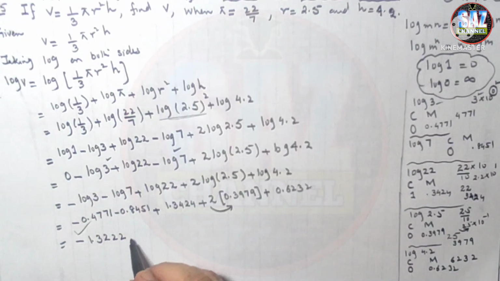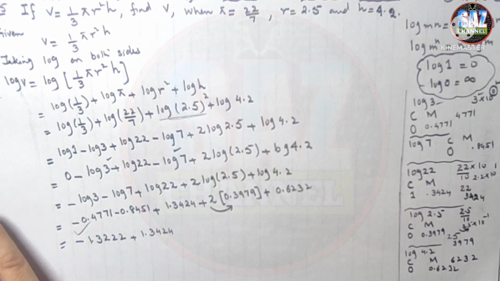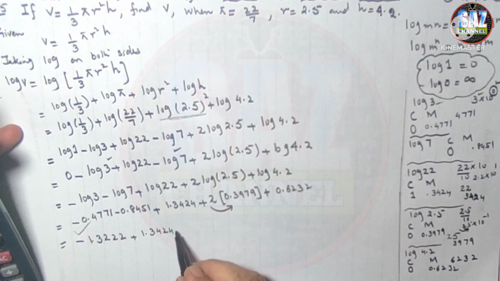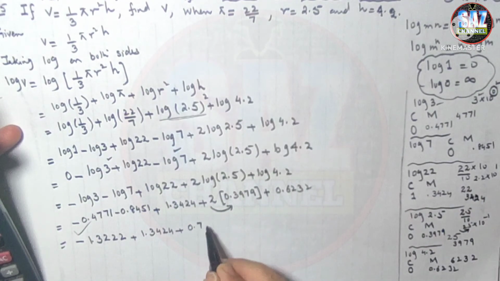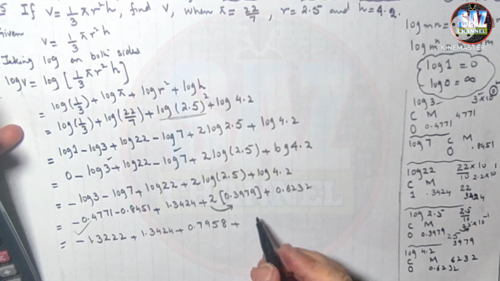Plus 1.3424, and then I have to multiply 0.3979 by 2. This gives me 0.7958, plus 0.6232.